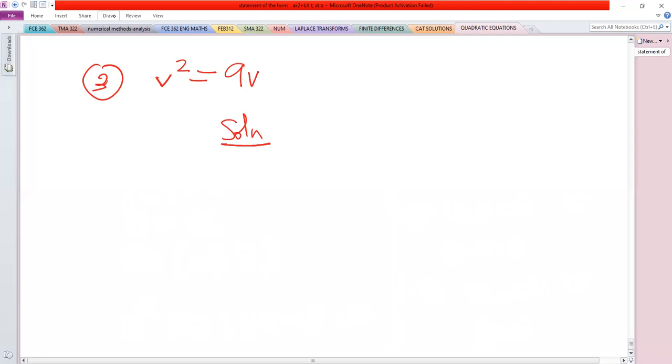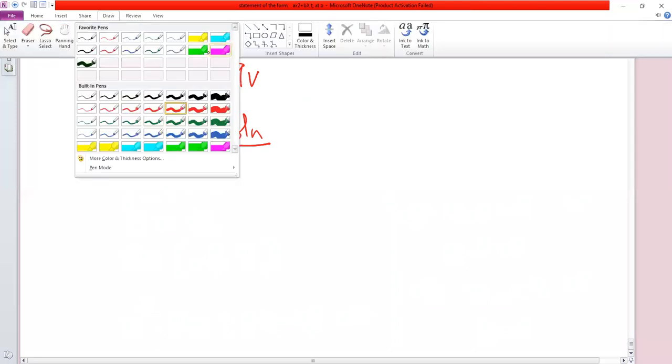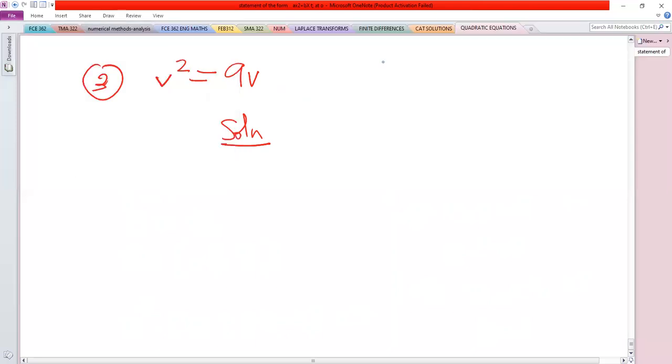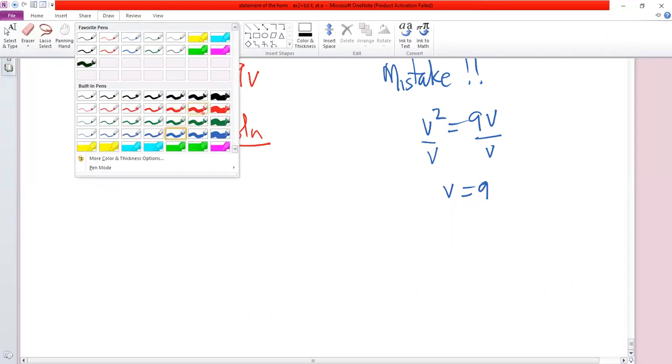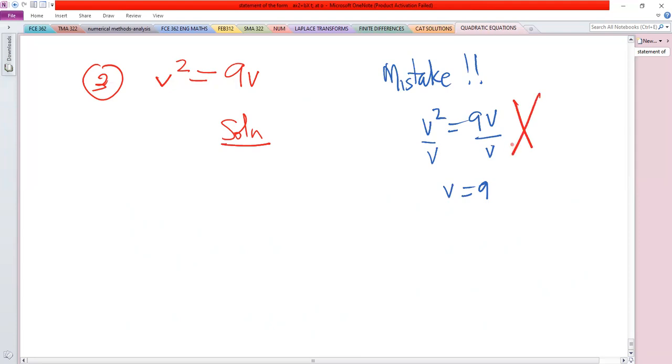So the mistake that is likely to be made on this question is by you saying v squared equals to 9v, and then you say divide by v, so v equals to 9, and you keep quiet. So this will not earn you full marks.